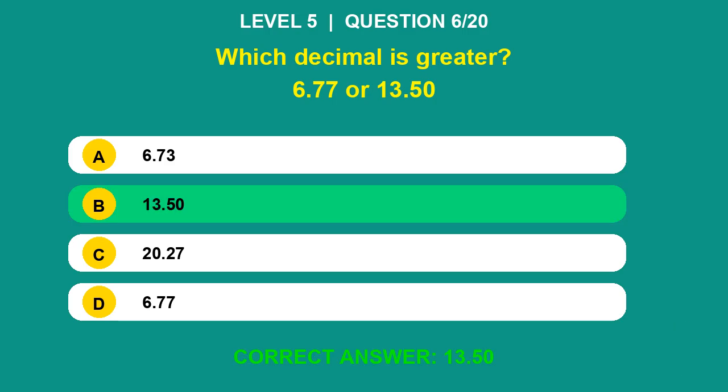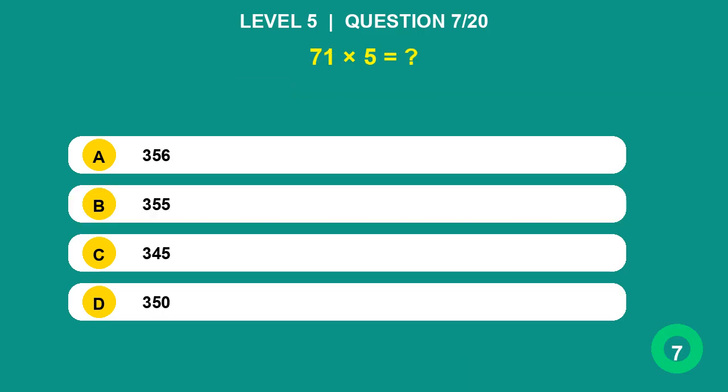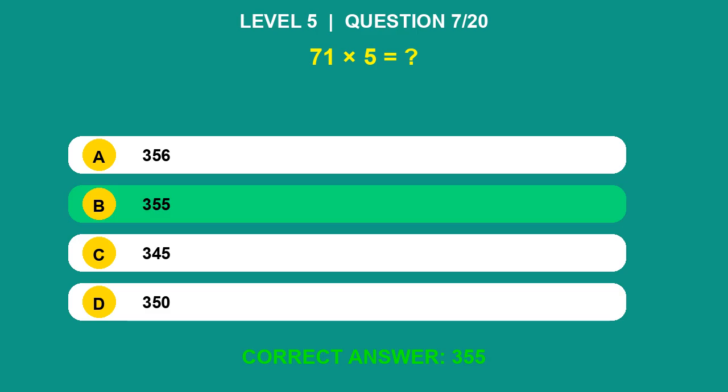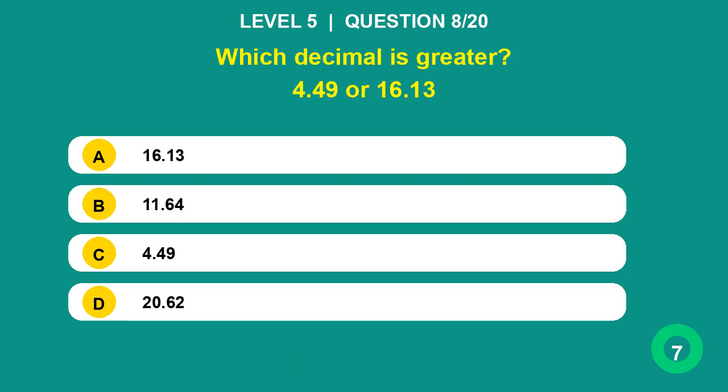Answer is 13.50. 71 times 5 equals? Answer is 355. Which decimal is greater? 4.49 or 16.13?